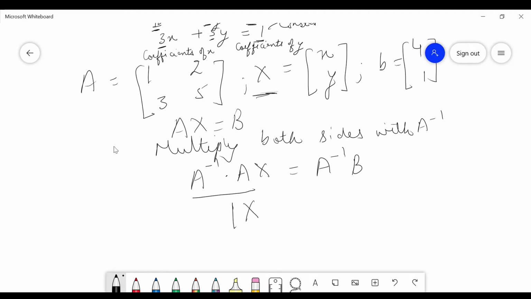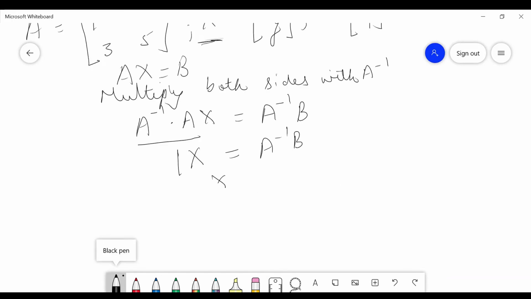So this is 1X = A inverse B, meaning X = A inverse B. So we can say that if AX = B, then X = A inverse B.